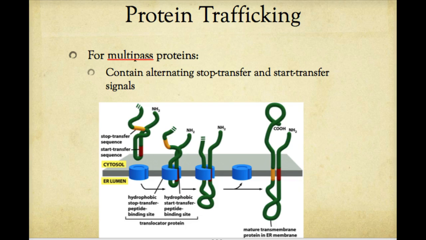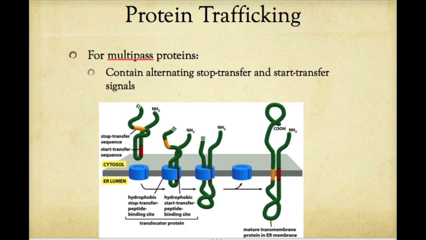So if you look at the picture on this slide, again, the area at the top half of the slide represents the general cytoplasm, and the area on the bottom part of the slide represents the ER lumen, the fluid inside the ER lumen. So we have a gray stretch of membrane, we have a blue pore sitting in the translocon. The green protein that has started to be translated out in the cytoplasm is what you can see over on the left-hand side.